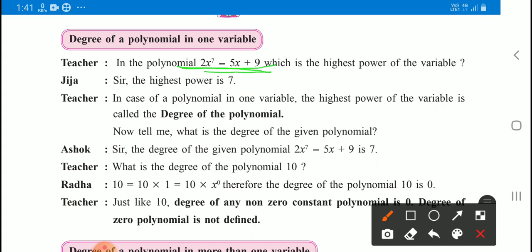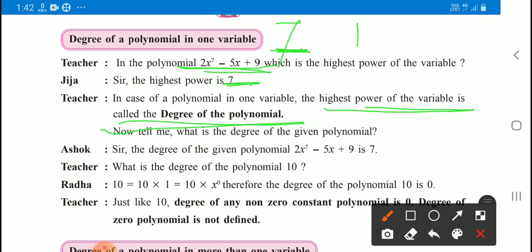You can see the power of variable x is 7. Then second, 5x power is 1, and 9 is constant, so 0. So which power is the highest power of this trinomial? 7. So the degree of this trinomial is 7. So by this, the highest power of the variable is called the degree of that polynomial.